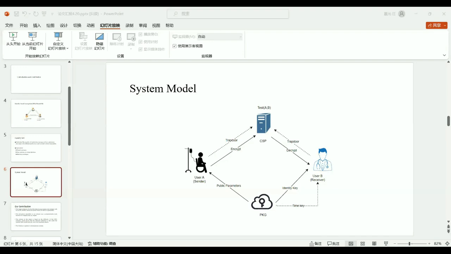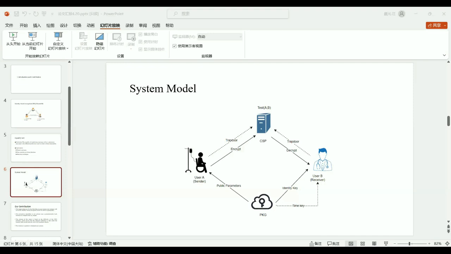Finally, I will present the conclusion of the paper. This paper proposes for the first time an equality test scheme with revocable identity-based encryption based on lattice cryptography. This scheme is designed to use the hash value without embedding parameters in the encryption algorithm as input, and it introduces a programmable hash function.